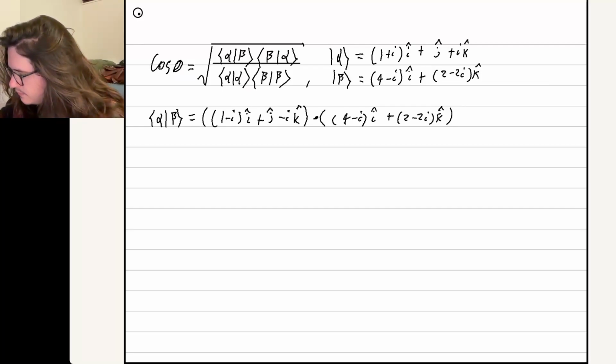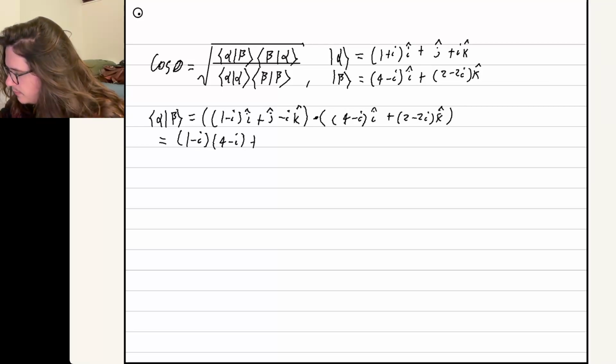So going component by component, we have (1 minus i) times (4 minus i), no j component, and then minus i times (2 minus 2i), right? So I'm just going to stick the minus sign here.